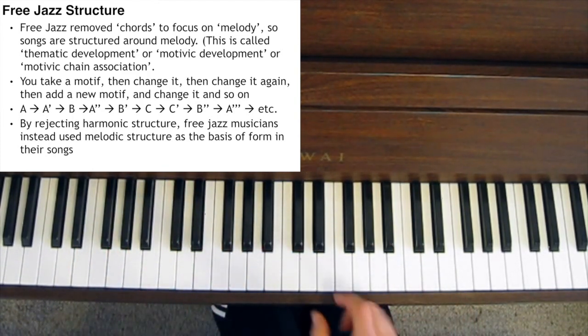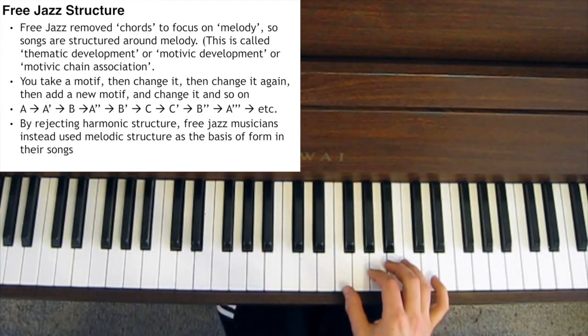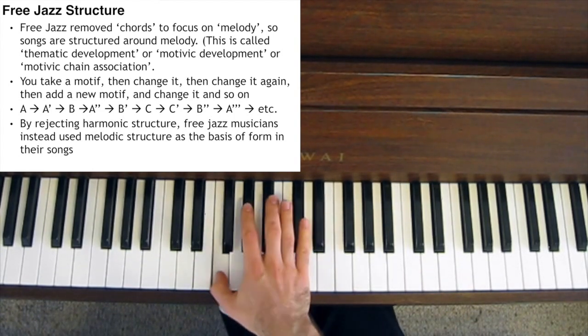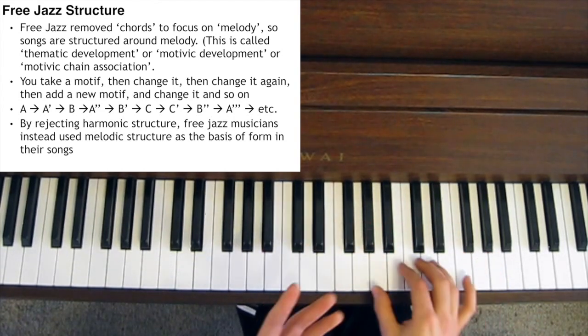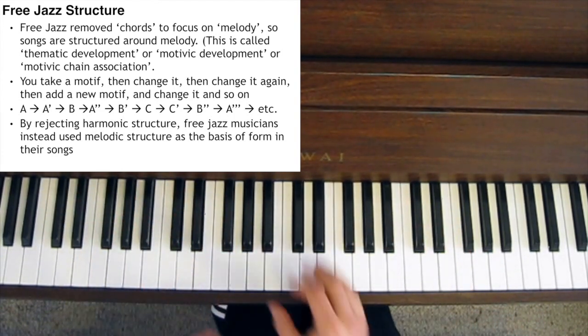So your first motif could be something like this, and then you change it to, and then you change it again, and then you play a different motif. And then you go back to that first motif again, but then change it slightly more. Then go back to the second motif, but change it.